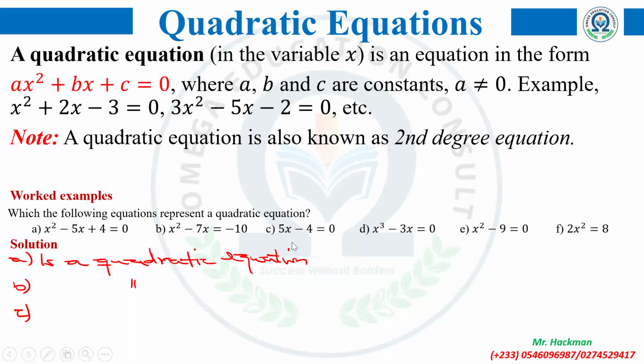Prof. Kojo, do you agree? Yes, sir. Okay, now this one, I'll start from you. Is this quadratic or not? It's not. Why? Because it doesn't have a power of 2. The power is more than 2, which is 3. The power should be exactly equal to 2, not less than or greater than 2.